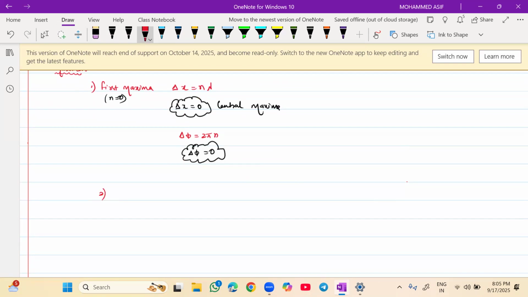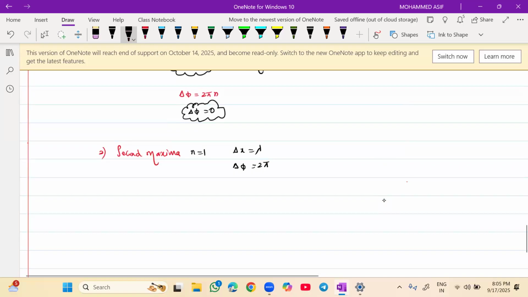For the second maxima, the n value is 1. So delta x will be equal to lambda and delta phi will be equal to 2 pi. Go on like that.